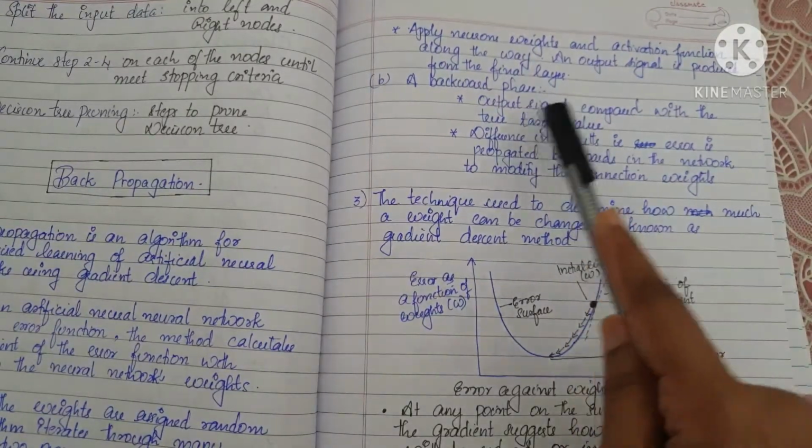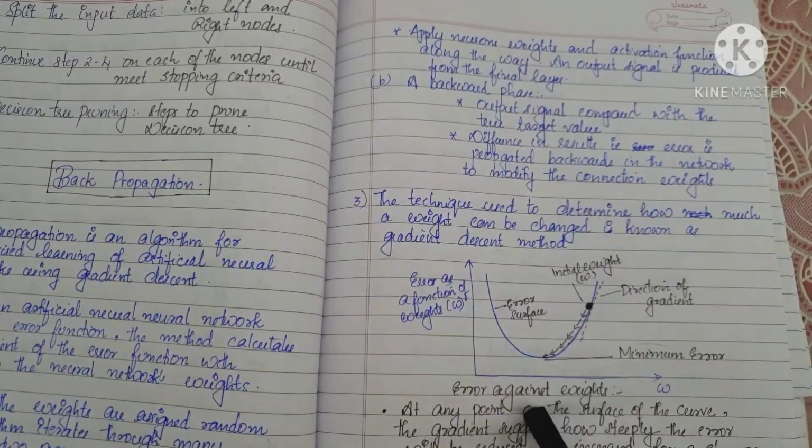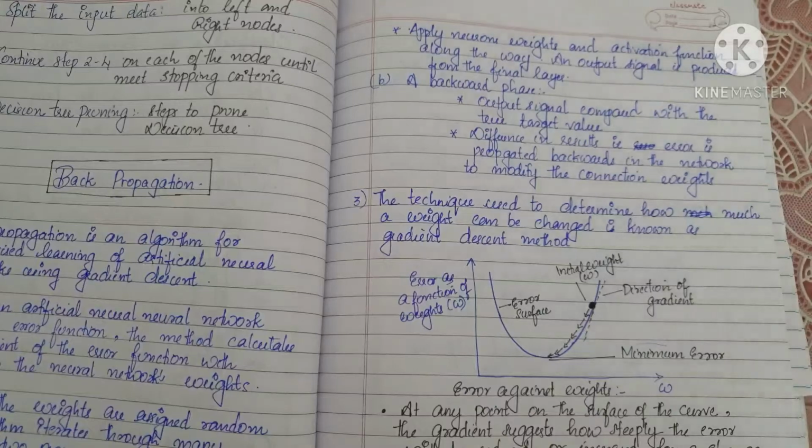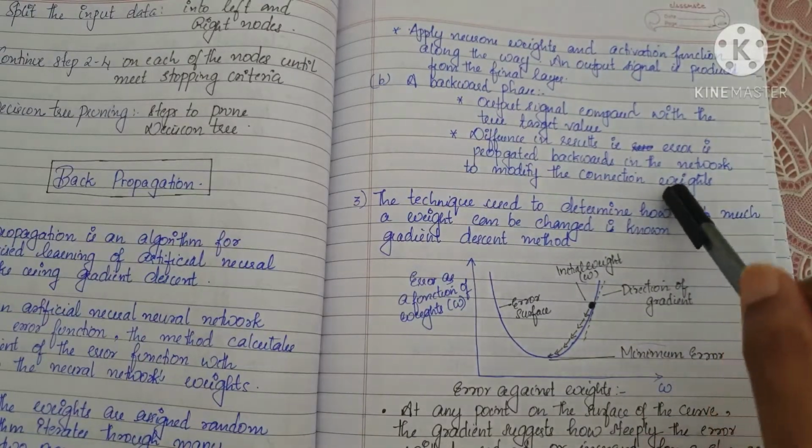That is the first job of our backward phase. Next, if we see any difference between those results, we back propagate the results through the network. While back propagating, we also modify the connection weights.